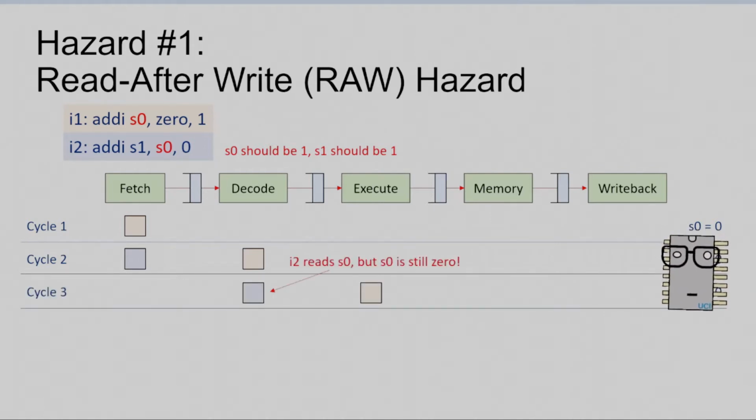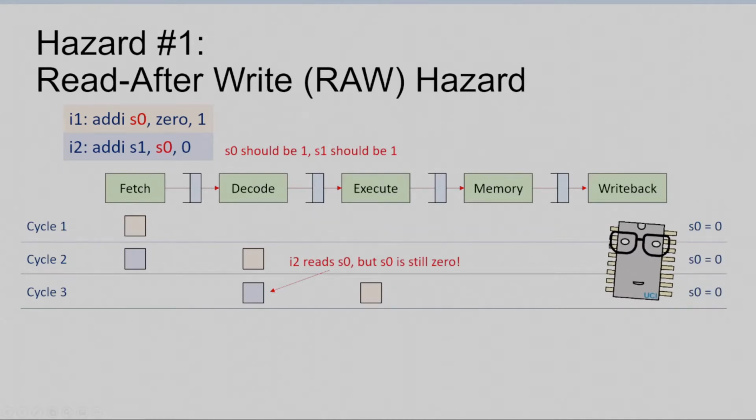At the third cycle, instruction 1 is now moved on to the execute stage, and it calculates the value that it will write to S0 eventually. S0, as it is written inside the register file, is still 0 at this point.